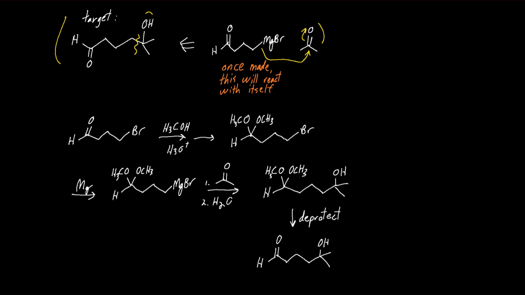However, we can start with this molecule right here. It's got the aldehyde on one side, an alkyl halide functionality on this side. Acidic conditions with methanol, like we saw above, we protect the aldehyde. Now it's protected. Why? Because otherwise the aldehyde is susceptible to the Grignard reaction as well.